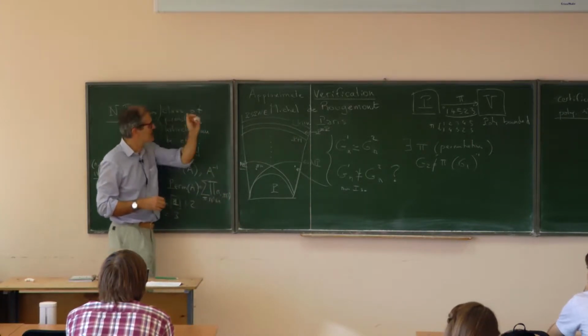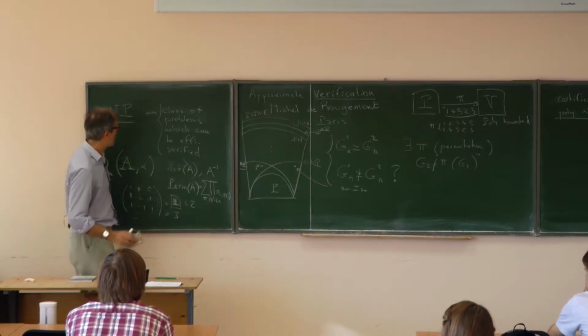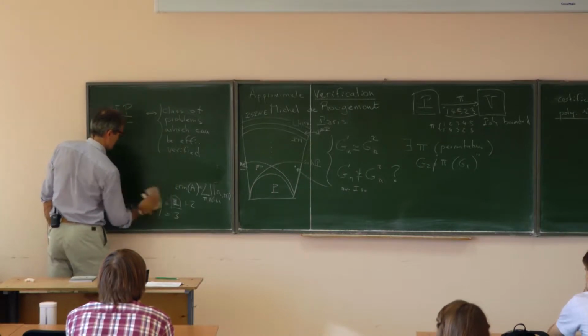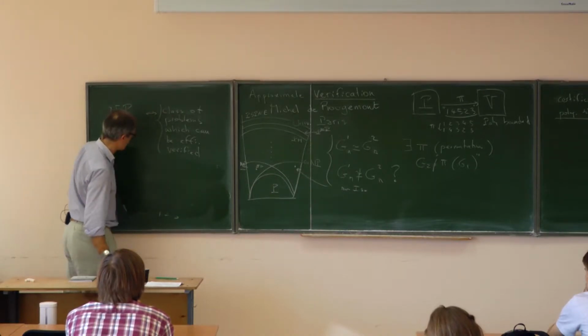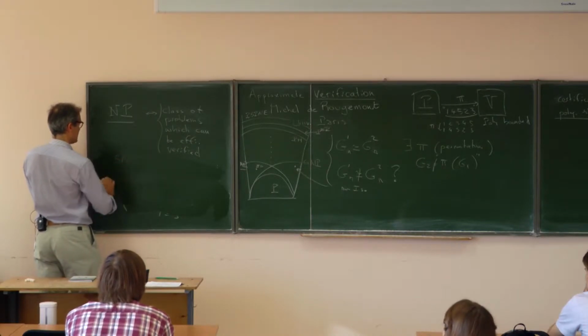Okay? So it will be my second problem. And my third problem will be extremely classical and will be SAT. Okay, so I'm sure that if you've been to a computer science class, you all know what SAT is.